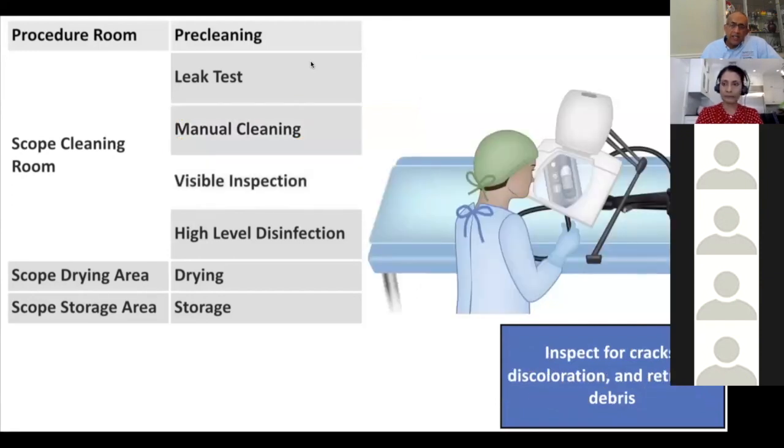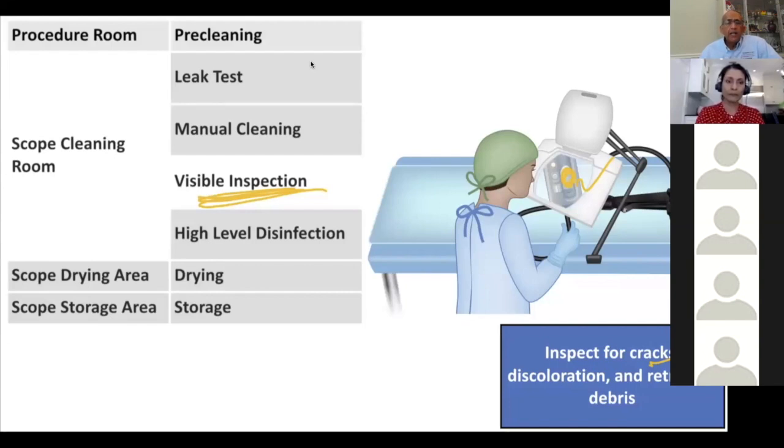Once the scope comes out, you should do a visual inspection under a magnifying glass. Especially with an ERCP scope, you should inspect under the elevator to make sure that there's no residue. You also look for any cracks, and if there are cracks, you may not want to put the scope in the machine for high-level disinfection.